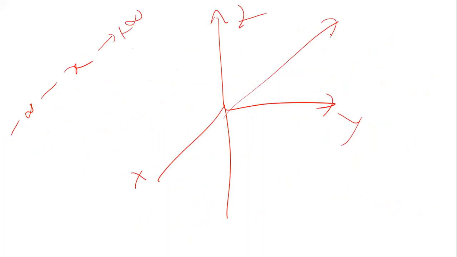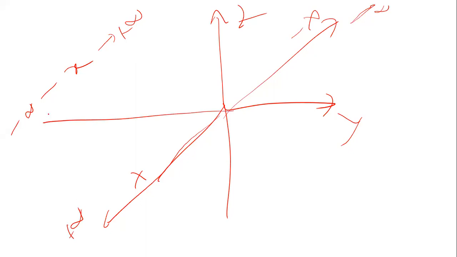Why is that? Because to identify any point on the back side here, you have to extend x to minus infinity, and to identify any point on the front side here, you have to extend x to plus infinity. And similarly, in order to identify any point on the left side, you have to extend the y variable from minus infinity to plus infinity.